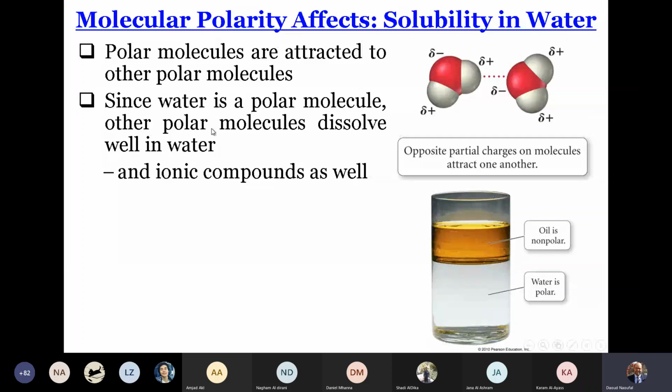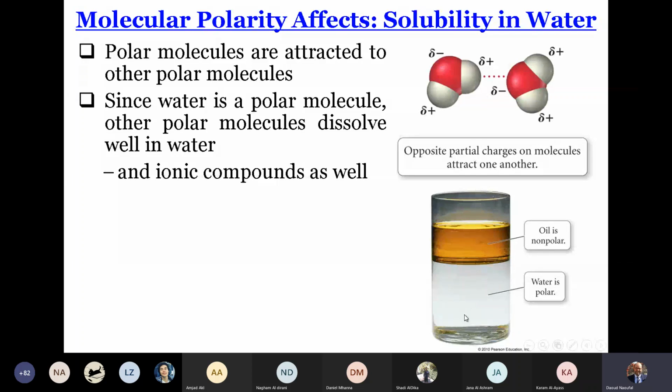Since water is a polar molecule, other polar molecules dissolve in water. So as a rule, any substance or compound that is soluble in water is polar. Oil is non-polar, so it does not have delta plus and delta minus, or it does not have a net dipole moment.